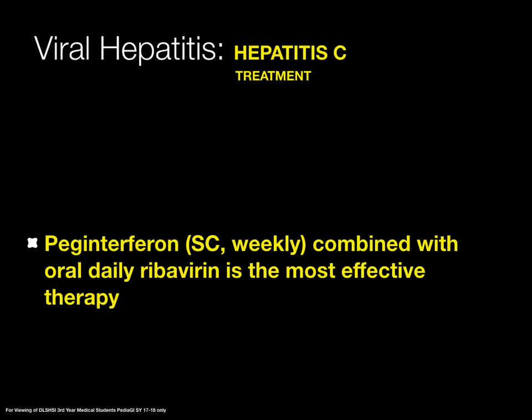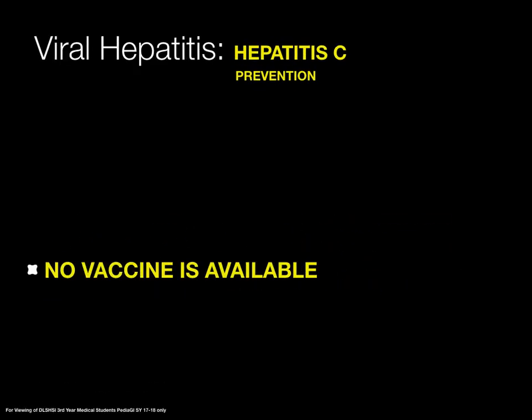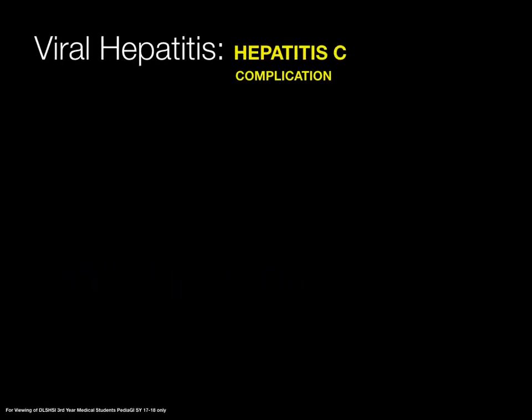Treatment with peg interferon given subcutaneously weekly, combined with oral daily ribavirin, is the most effective therapy. There is no vaccine available for hepatitis C. Complications are chronic hepatitis, while the risk of acute liver failure is low.